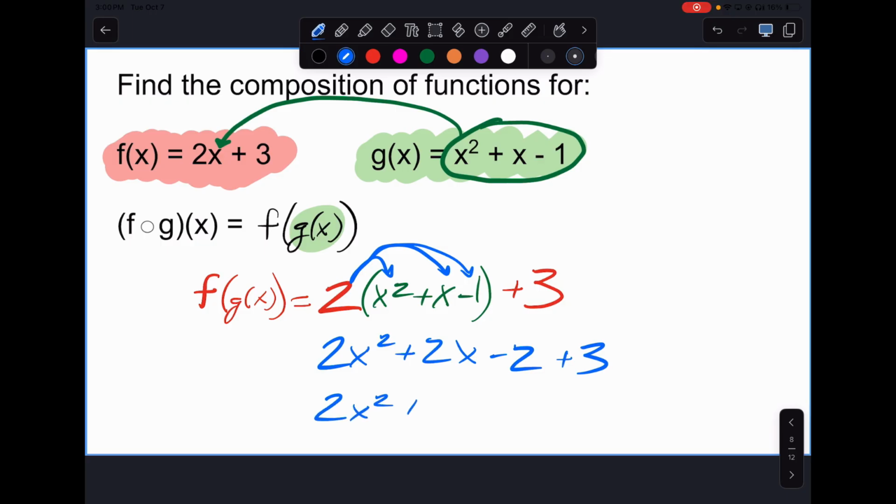So 2x squared plus 2x plus 1. So f of g of x equals 2x squared plus 2x plus 1. Or f composed g of x equals 2x squared plus 2x plus 1.